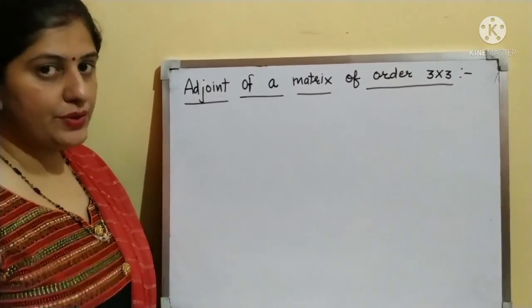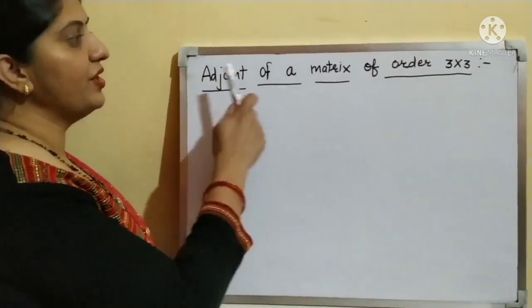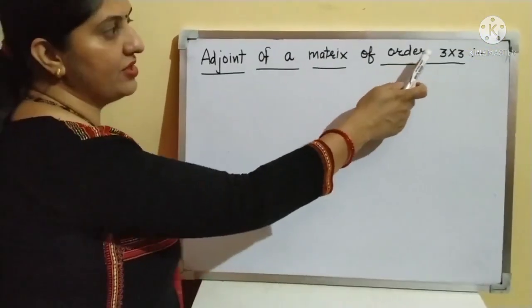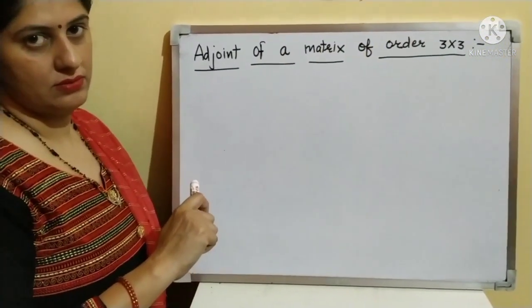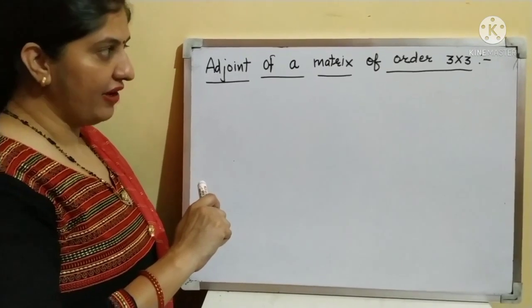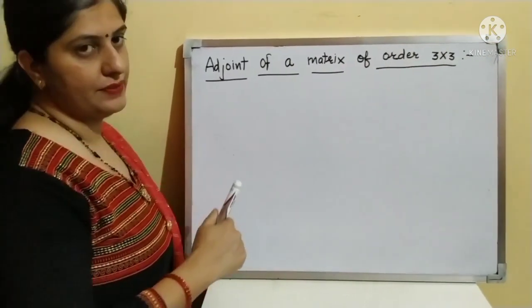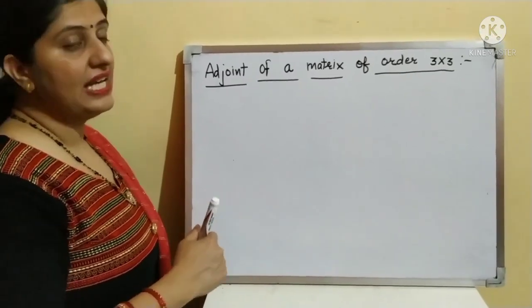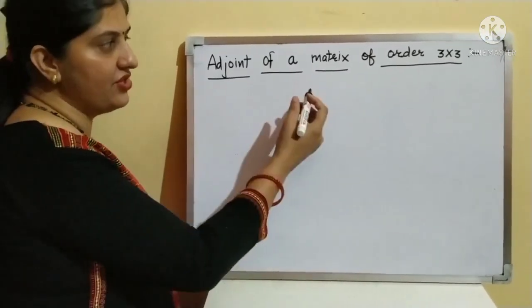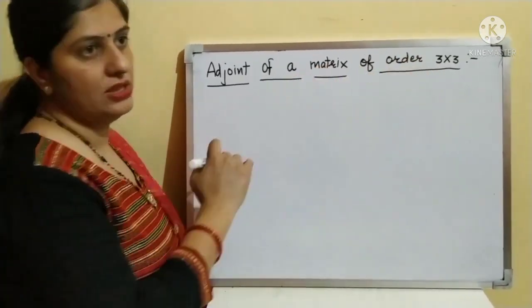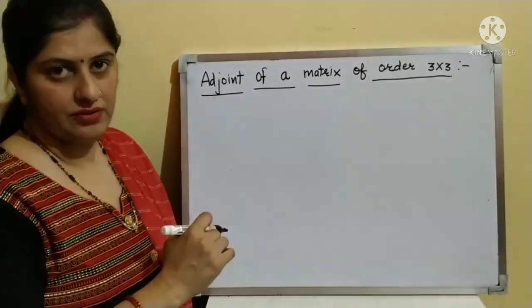Now, I am going to discuss the adjoint of a matrix of order 3 by 3. How can we find the adjoint of a matrix of order 3 by 3? We will calculate it using the definition.